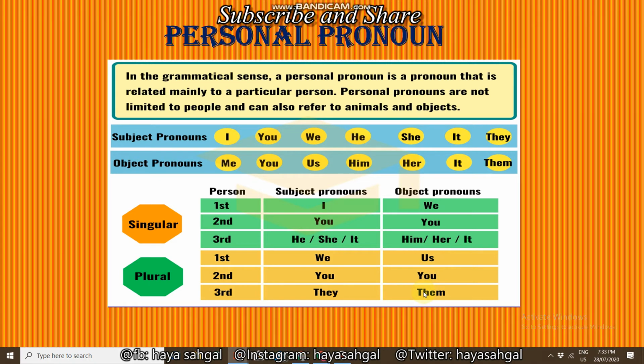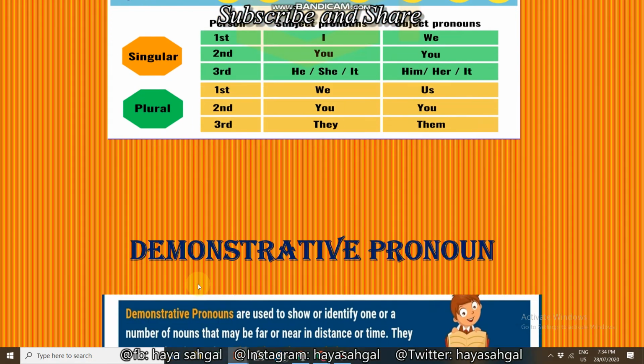So this is for better understanding. These pronouns in the green color are used for first person, second person, and third person. And these ones are used for first person, second person, third person, plural. The green one for singular and the other one for plural. I hope it's all clear.